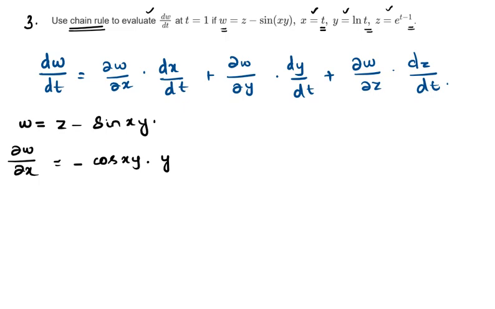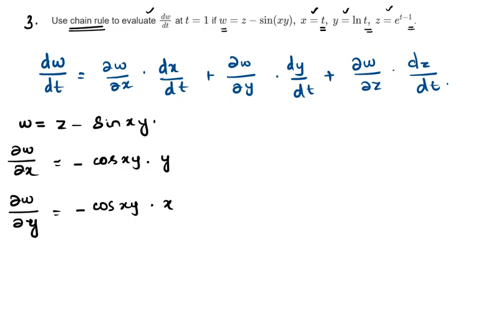Okay. Now let us differentiate ∂w/∂y, with respect to y. So the same thing only, you will get minus cos xy. Now if you are differentiating with respect to y, here you will get x.